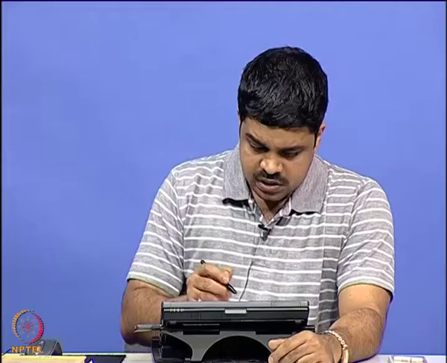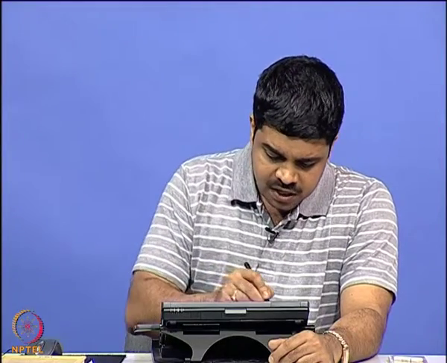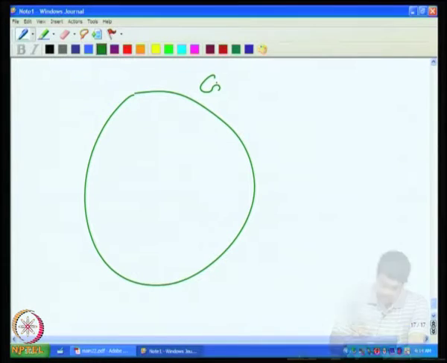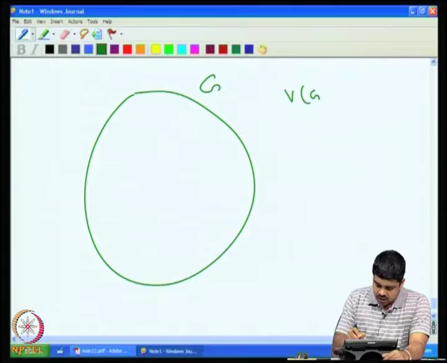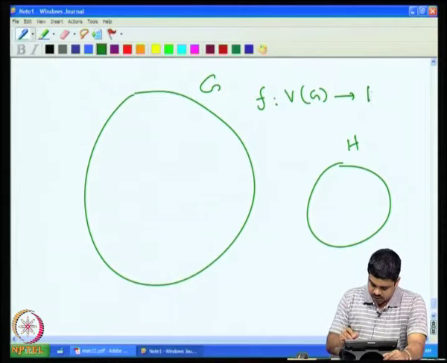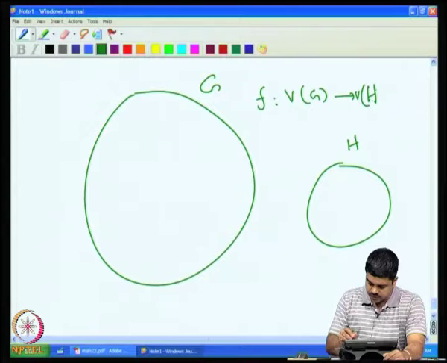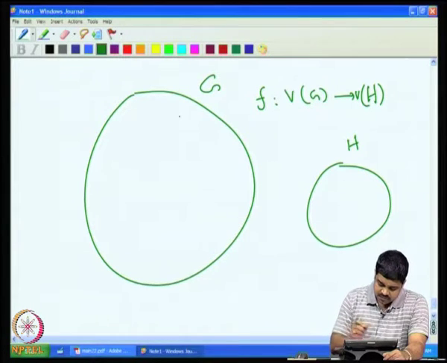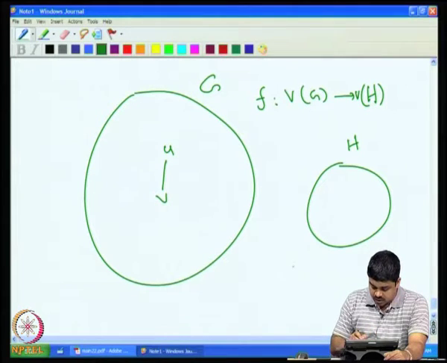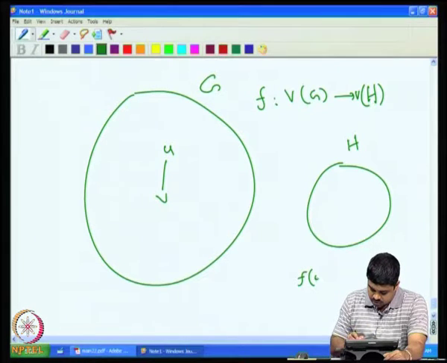Here you can have a graph G. From the vertex set of G you can define a function f to a smaller graph, say H, to V of H, such that suppose there is an edge between u and v, then the corresponding edge should be there between f of u and f of v.